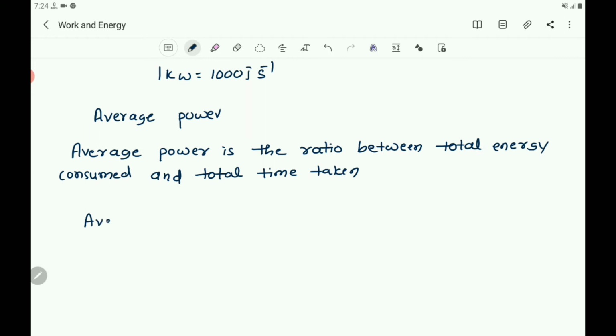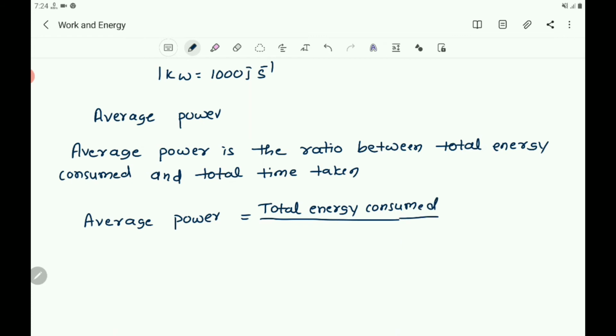So you can write average power equals, in the numerator total energy consumed, or converted or transformed, whatever it may be, divided by total time taken. This can also be taken as total work done. Both are the same here. So average power is equal to total work done by total time taken, or total energy consumed by total time taken.